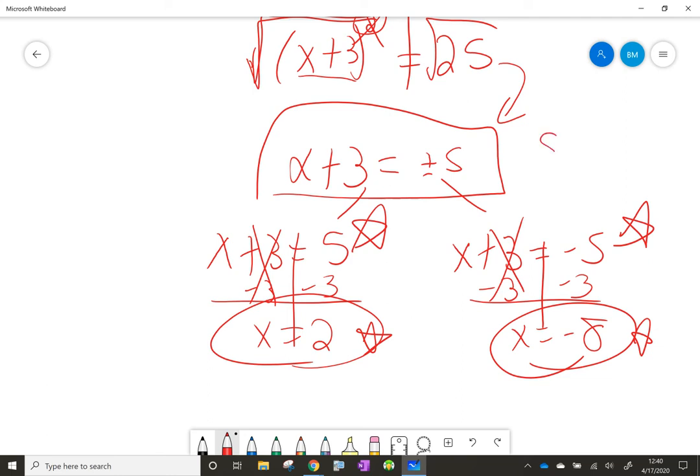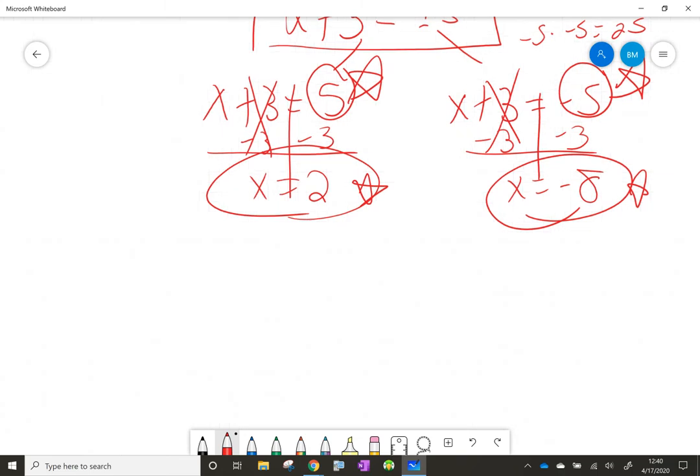The reason it's positive and negative is because positive 5 squared is equal to 25, but negative 5 squared is also equal to 25. So there's two numbers that when you square them make 25. That's why we have those two possibilities listed out to make our two equations. But yeah, you solved it. x equals 2 and x equals negative 8.